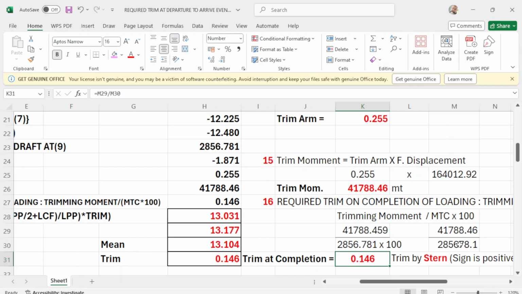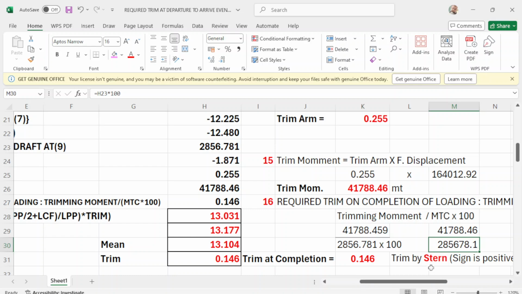That will be how much? 2856.781 times 100. That will be 285678.1.